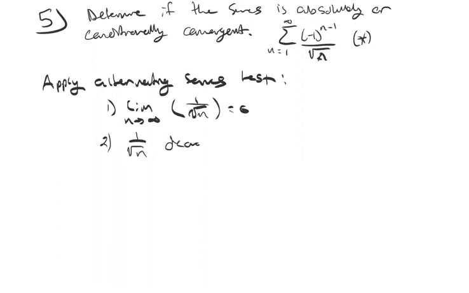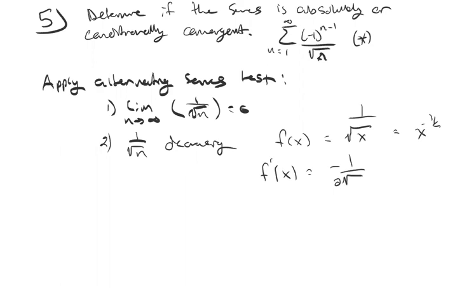And we need 1 over the square root of n to be decreasing. Again, we can pass to a function of x, 1 over the square root of x, which is x to the negative 1/2, which tells us that f prime of x is minus 1 over 2 root x.